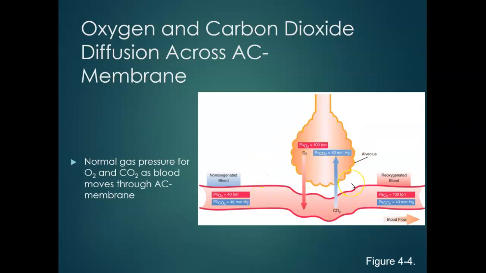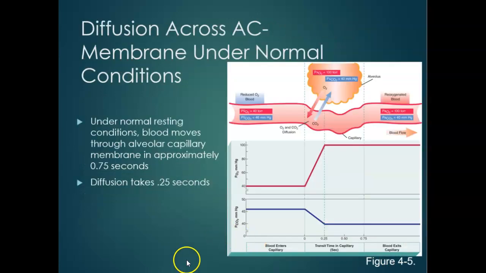So after the blood passes the alveoli, it gets reoxygenated, and you have more normal levels of your arterial O2 and your arterial CO2. Okay.